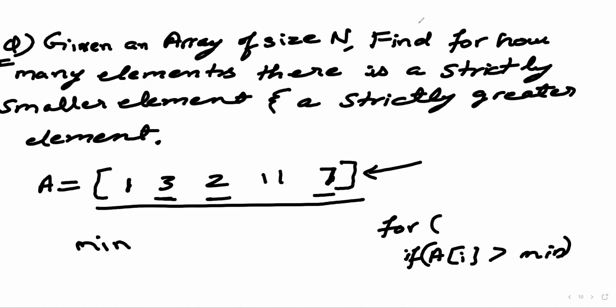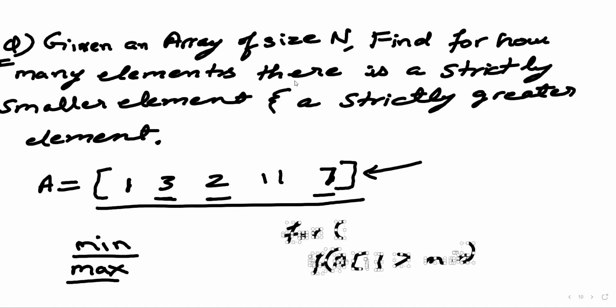Because I need both, we find both the minimum and the maximum of this array, and after that I run an AND condition and check whether a of i is smaller than max.